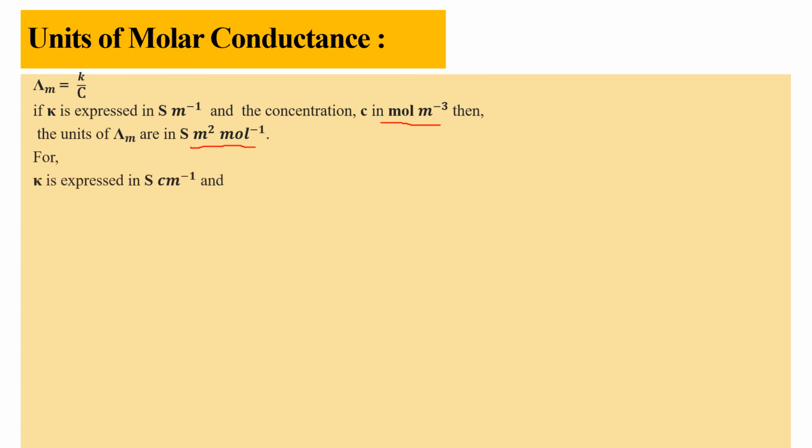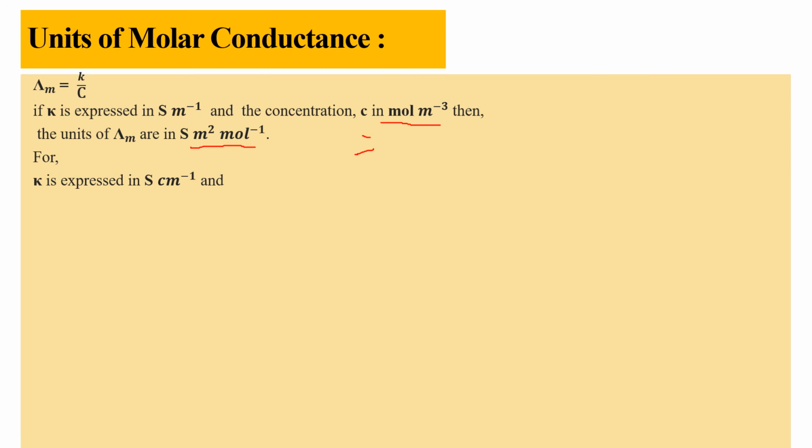On putting the value of conductivity in the equation, we get Siemens meter inverse upon mole per meter cube. So the unit of meter gets cancelled out, and we get Siemens meter square mole inverse.